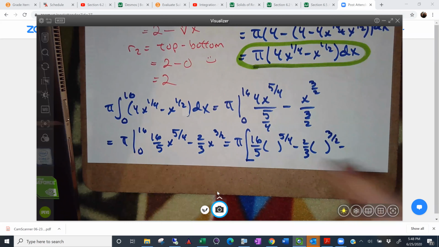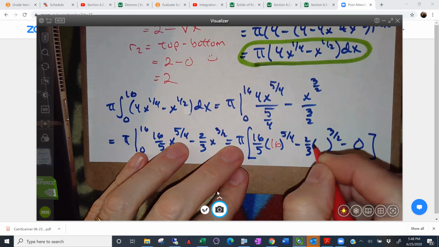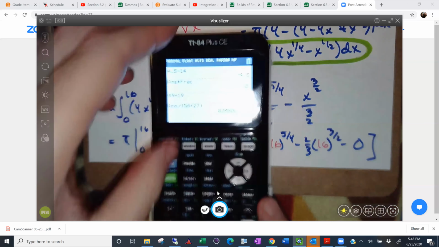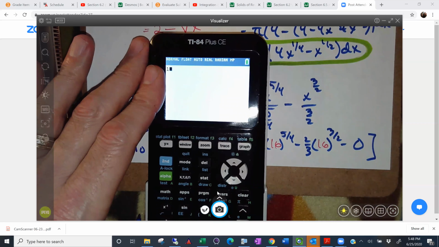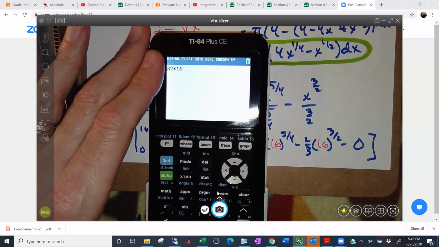And at the lower limit, we're going to get a big fat 0. 16 to the 5/4 is going to be 32. Yes, 32. So 32 times 16 divided by 5.